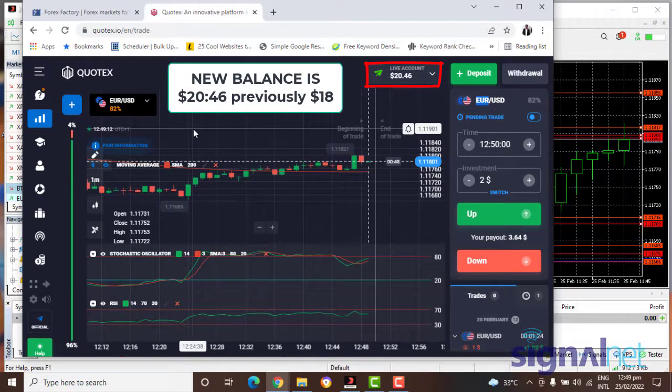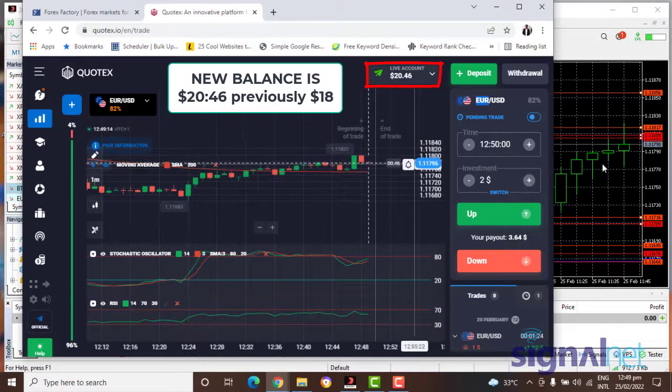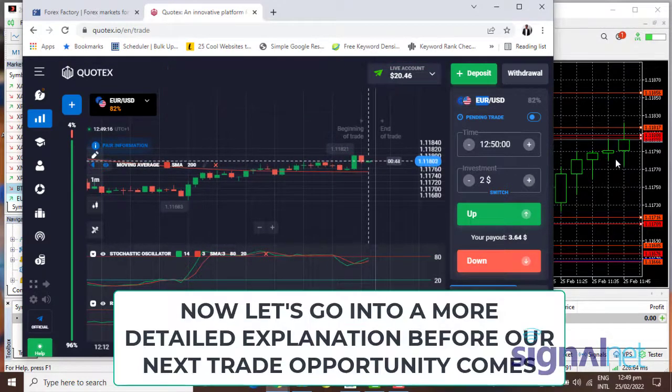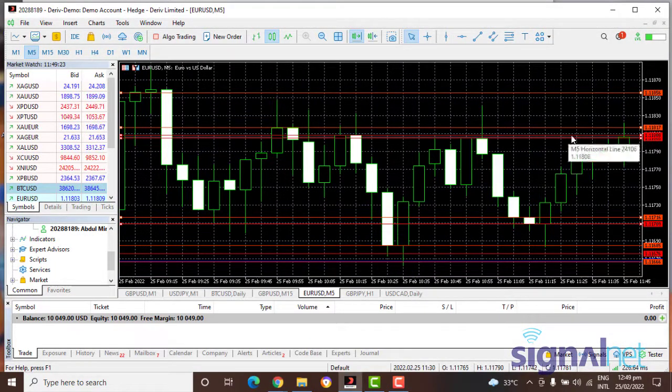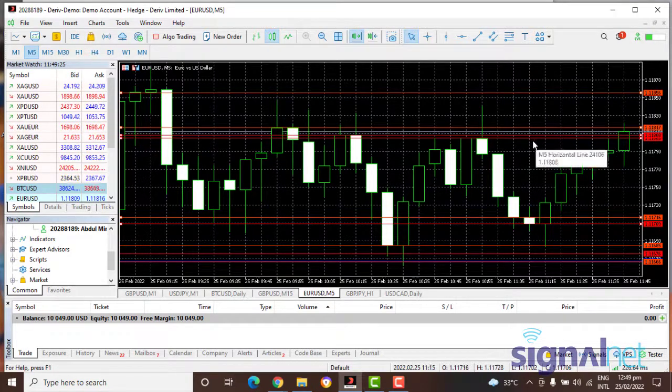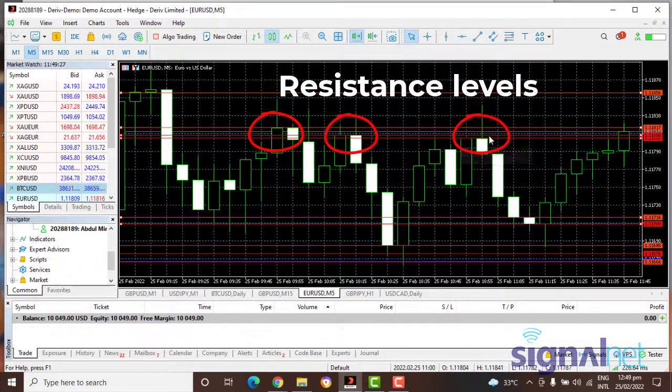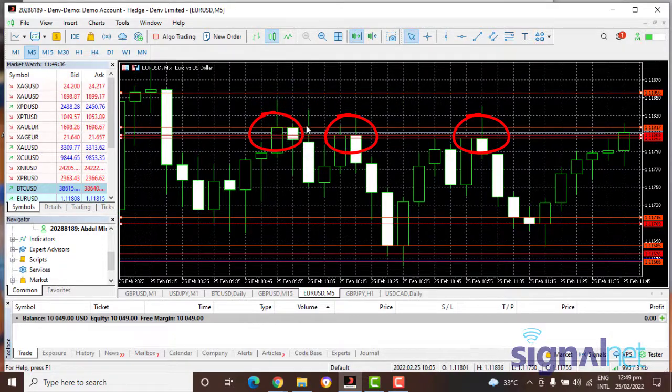Now, if you look at the 5-minute chart here, you'll see that I already had some lines drawn. One of them was for this level, which was a 5-minute resistance level. The other was for another 5-minute level, and the third was for yet another 5-minute level.